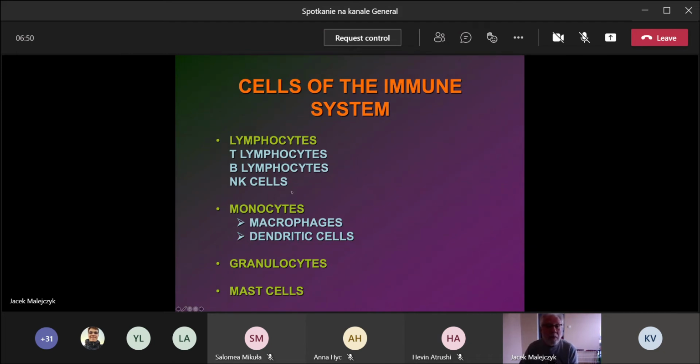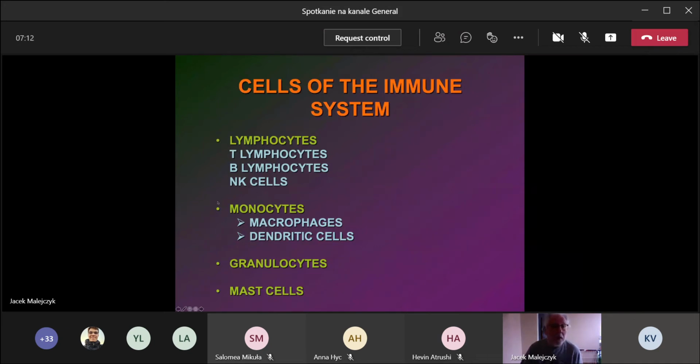Now we call it adaptive immunity, whereas NK cells belong to the system which does not depend on these very special reactions to be activated. So they belong to what we call the innate immune system.